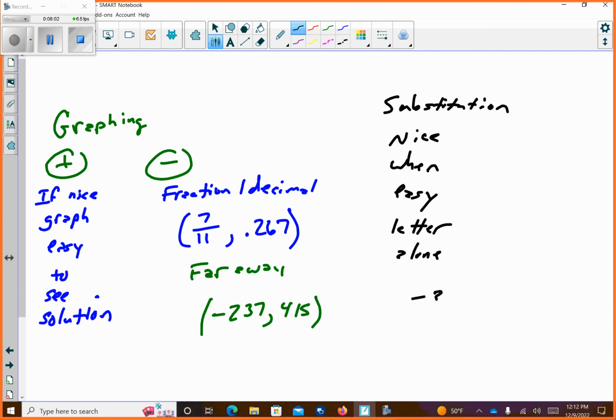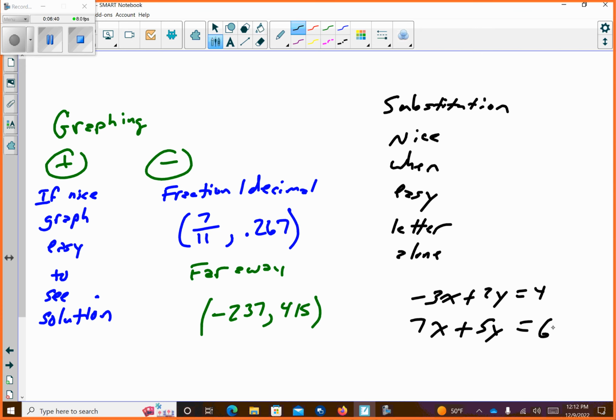But if you had a problem like this, that is not a nice one to solve by substitution, because if you took the top equation, you'd have to add 3x and then divide by 2, and then you're plugging something with a fraction into the other one, and we don't like it. So graphing and substitution have pros and cons. They definitely do. And we're going to go over a third method today. There's other methods, but we're only going to cover 3 in Algebra 1.